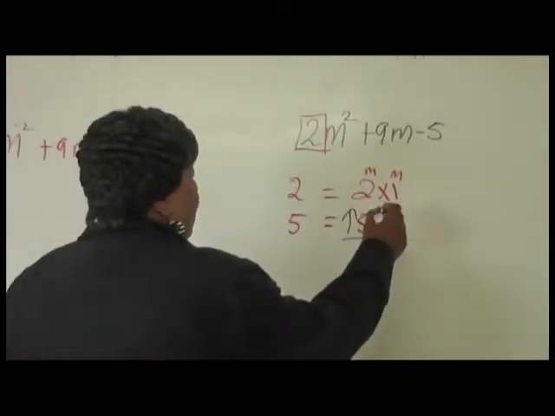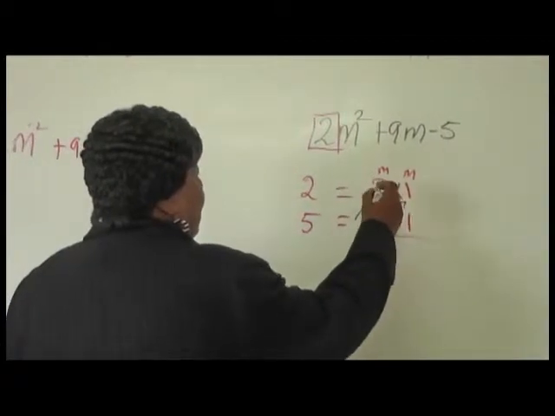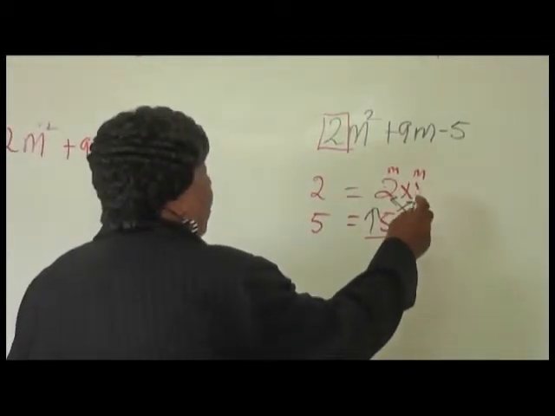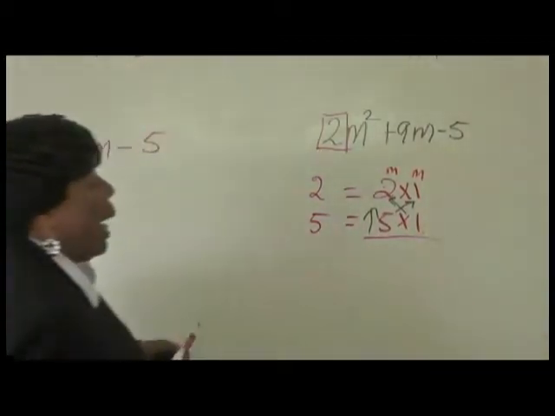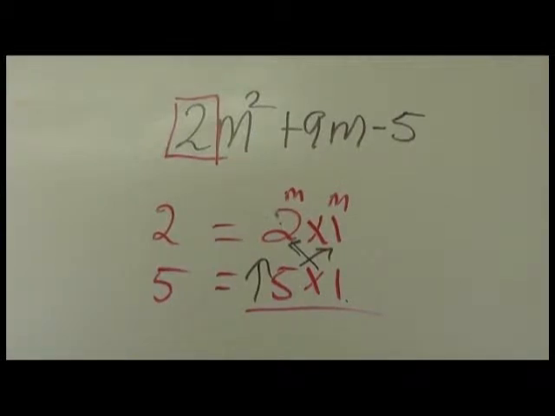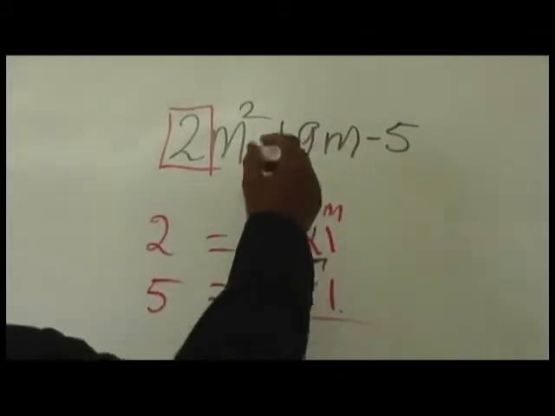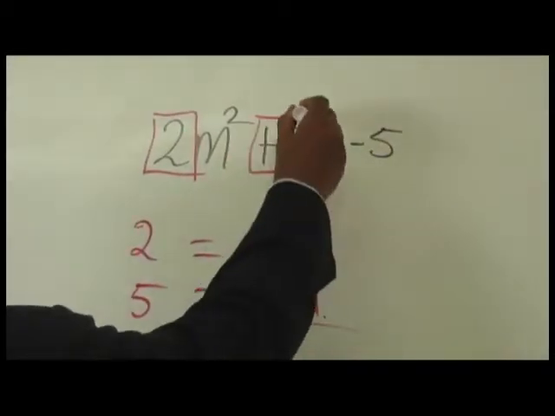If we're going diagonally, it will be this top number with that bottom number, and this with that. Why are we doing this diagonally and vertical stuff? Because we're trying to get back the coefficient of our term in the middle, which is m.